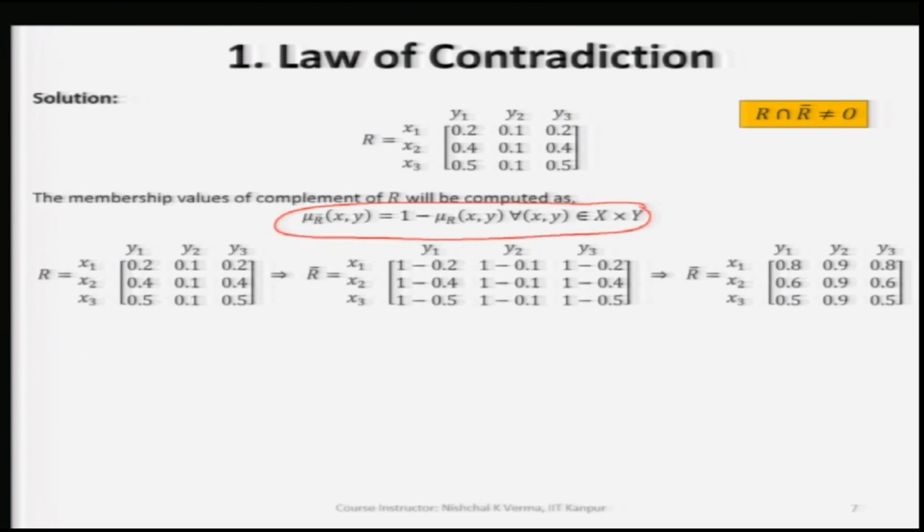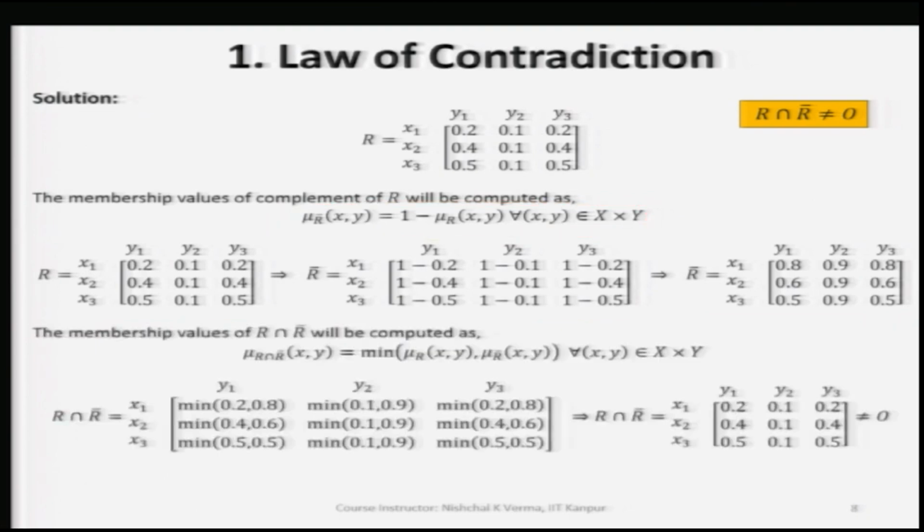So, when we have R, the fuzzy relation matrix represented here by capital R, then R bar is going to be this matrix, which we get by subtracting all its elements from 1. So, you see R bar is this. Now here we have the complement of fuzzy relation R.